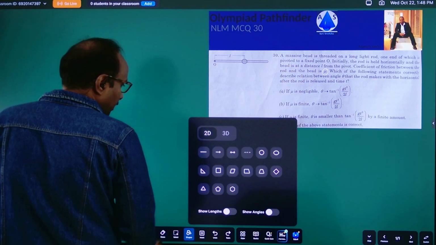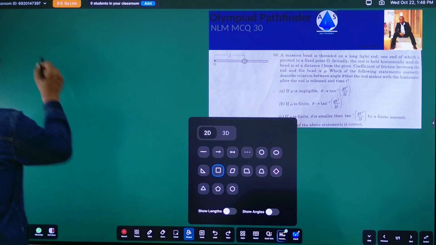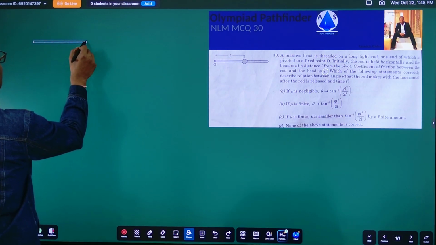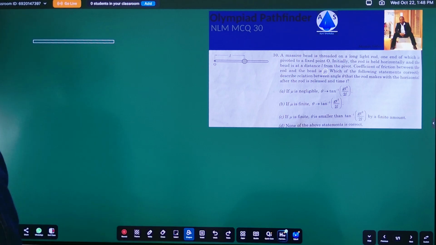So let us make the diagram after t time and see how things are. So this is your rod.